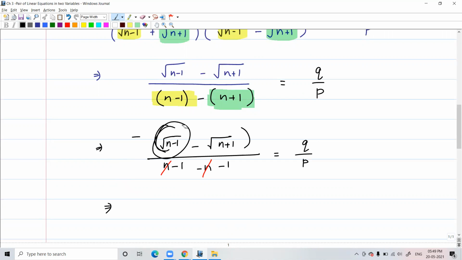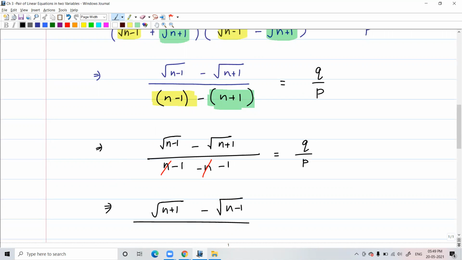Something which was positive will become negative, and something which was negative will become positive, correct? So can I write it as square root of n plus 1? This will come first, and now this one will become negative, square root of n minus 1. And the denominator is 2 now. See, minus 2, I send the minus to the numerator. That's why this got flipped. Instead of n minus 1, I have got n plus 1 here.